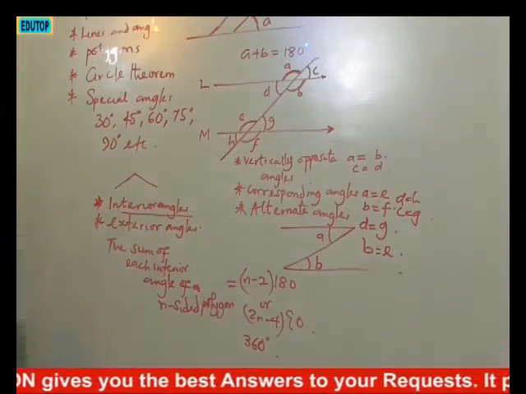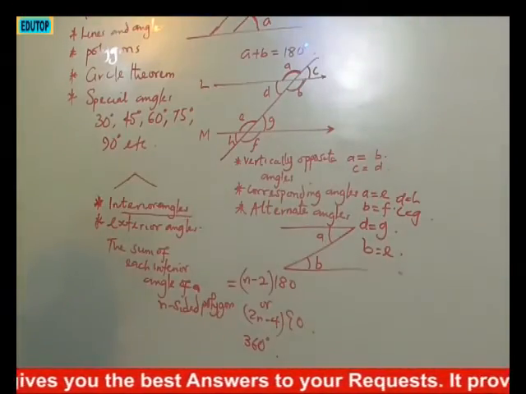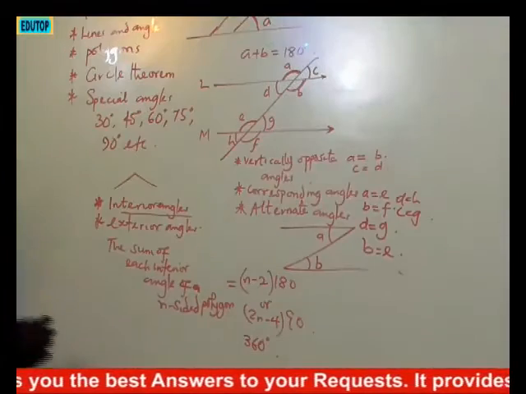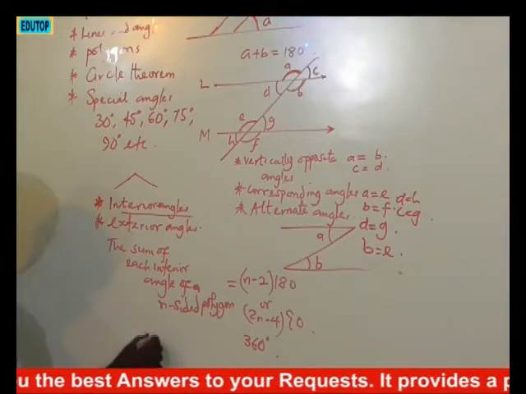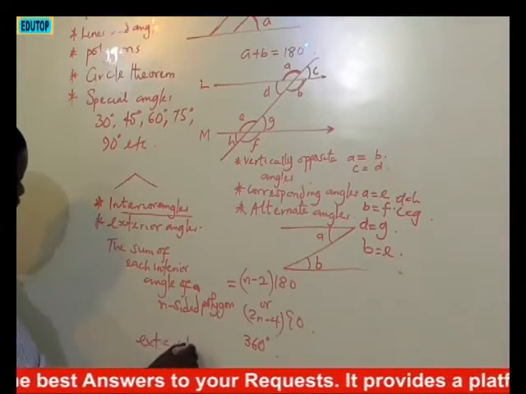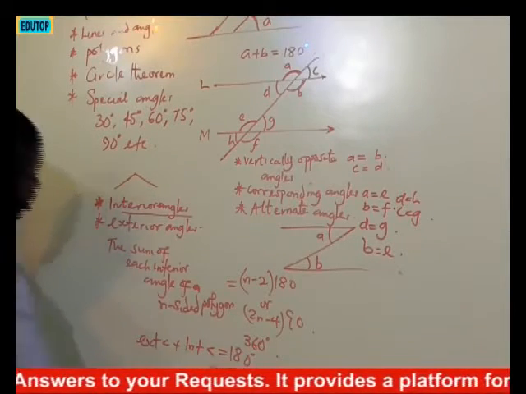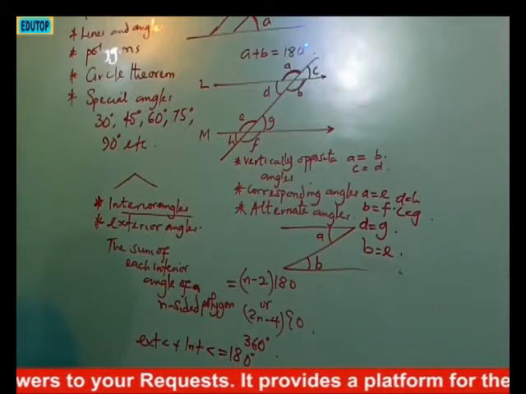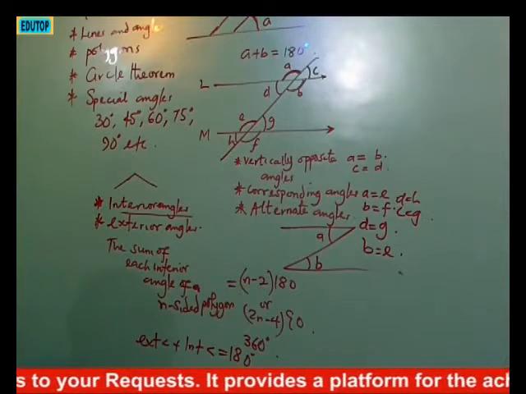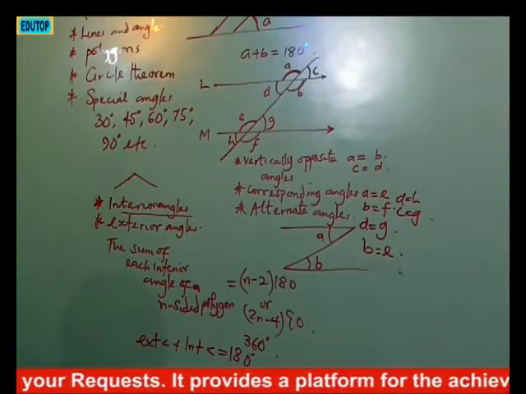So there is a relationship between exterior angle and interior angle. Take note: exterior angle plus interior angle is equal to 180 degrees.